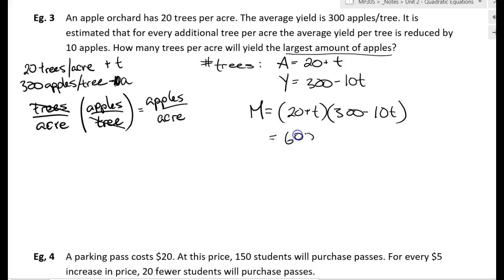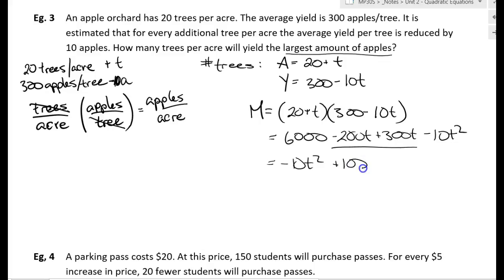So I've got 6,000 and then minus 200t plus 300t and then subtract 10t squared. So I'm just going to rearrange this while I collect like terms. So I've got negative 10t squared plus 100t plus 6,000. So now I've got a quadratic.